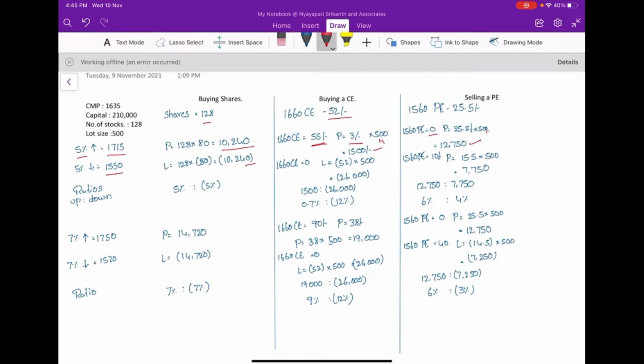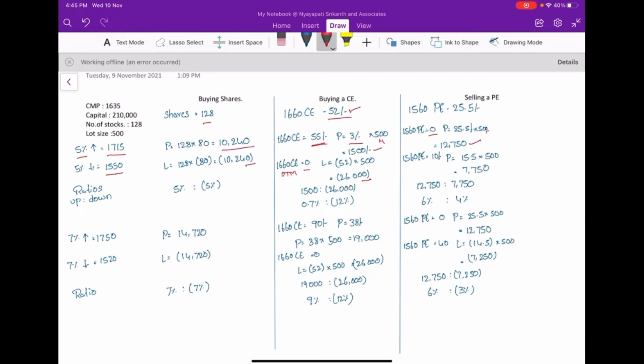The 1660 call option is an OTM option, and all the OTM options at expiry will become zero. Now the loss is whatever premium you have paid. So the loss is 52 rupees into the lot size, so the total loss comes around 26,000 rupees.